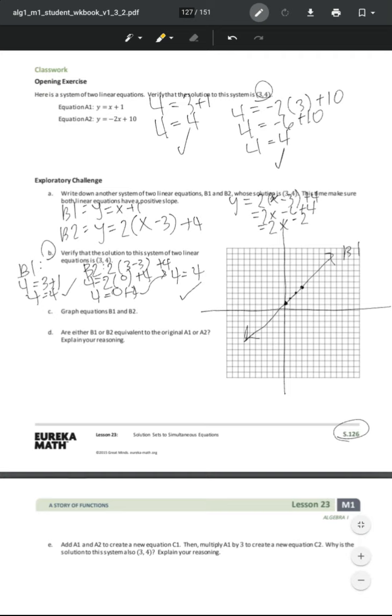So my y-intercept is negative 2. So we go down 1, 2, and put a point. And then my slope is positive 2. So I'm going to go up 2 and over 1. Up 2 over 1, like that. And then we're going to connect those dots.